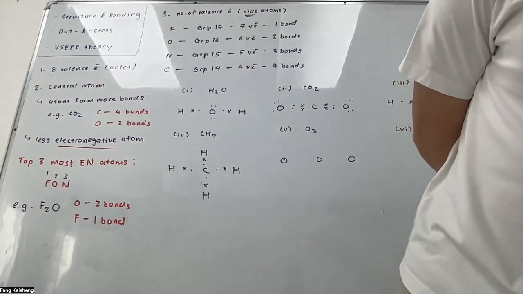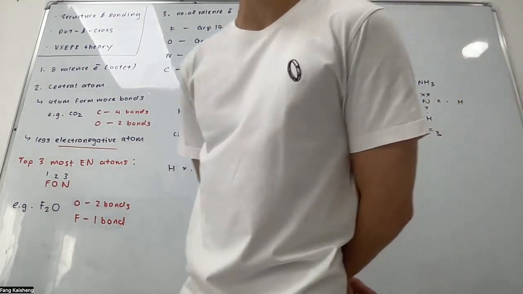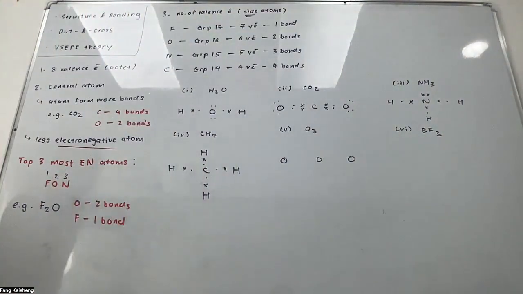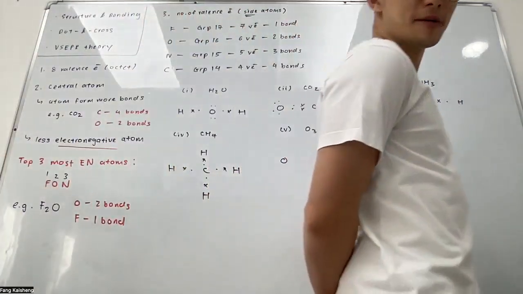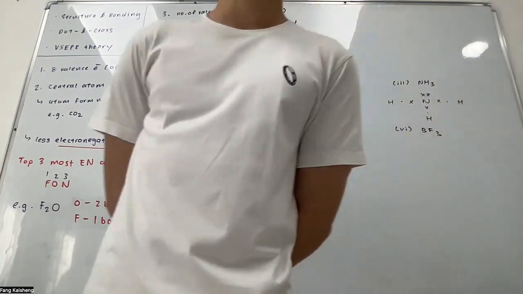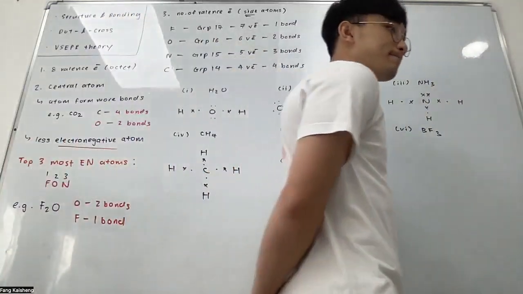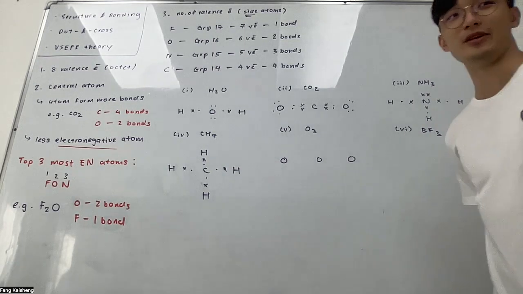Okay, PF3, right? The central atom, check again. Make sure you guys locate boron correctly in the periodic table. PF3 is also a little bit special, actually, now that I think about it.